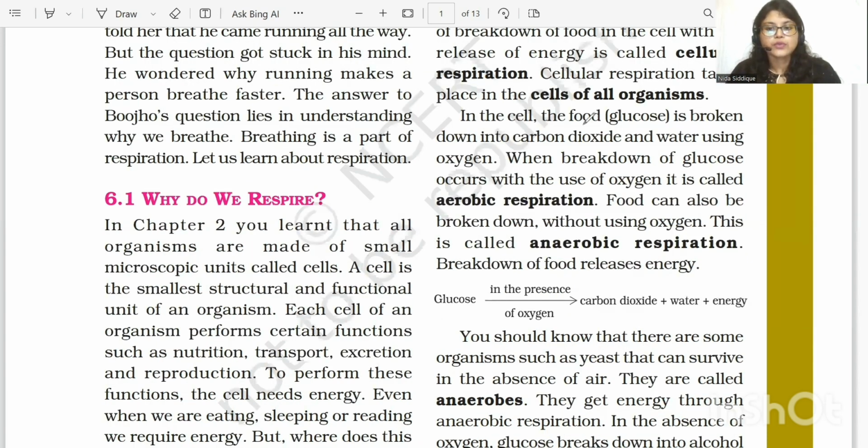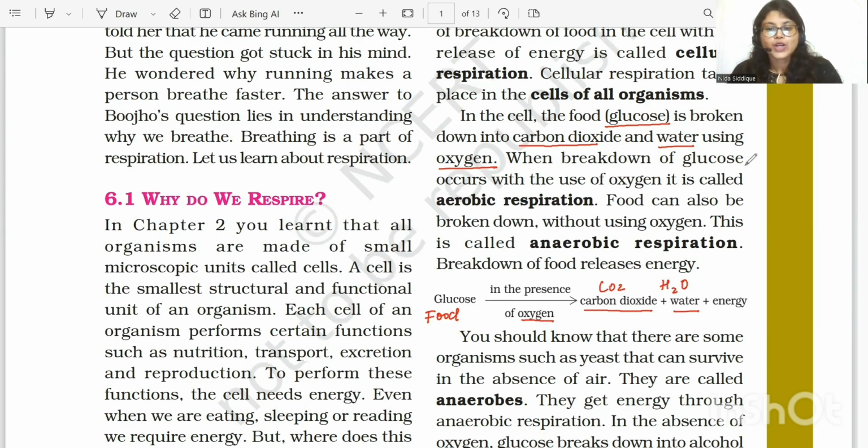In the cell, the food, which is usually referred to as glucose, is broken down into carbon dioxide and water using oxygen. Okay, so जो भी हमने खाना खाया है, जो भी हमारा food है, ये break down होता है in the presence of oxygen, and energy के साथ साथ carbon dioxide and water is formed. Okay, CO2 and H2O is formed.